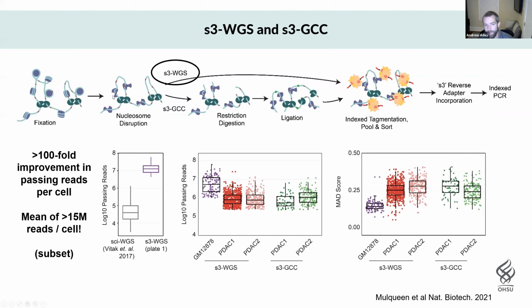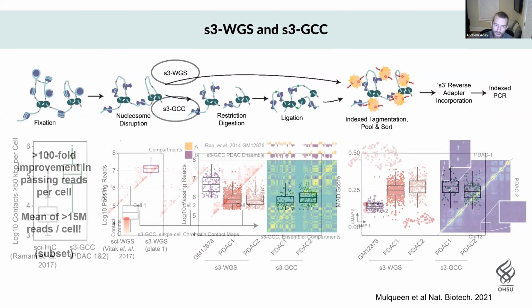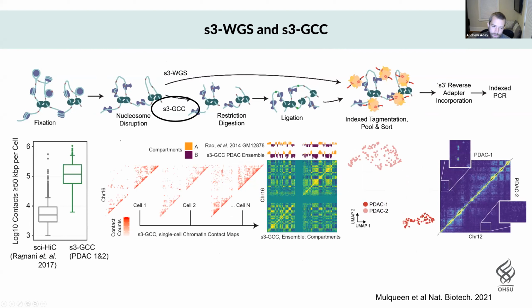But we also performed one where we did this restriction digestion and then religation. So some portion of our reads will actually be chimeric reads from long-range interactions, much like Hi-C. And we were able to get a substantial boost over the prior Hi-C assay, about a 17-fold improvement, in the log10 contacts, or the total number of long-range contacts per cell, defined as those over 50,000 base pairs range.